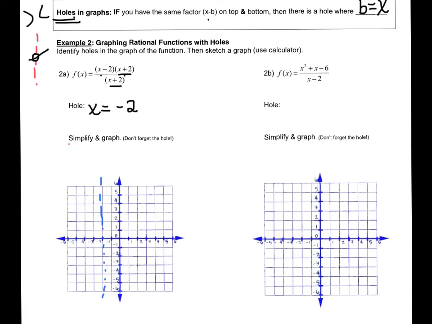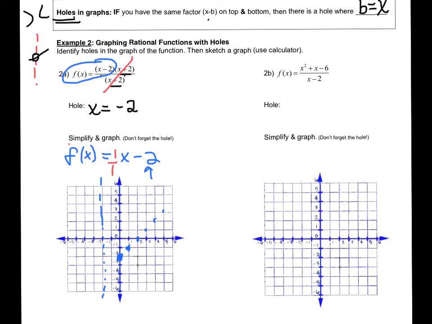Let's go ahead and simplify this by canceling those out, and we're going to graph what's left. So this is the part that's left, and that's what we're going to graph. We're going to graph f of x equals x minus 2. Don't flip that sign, just recopy what you have left. So I'm going to go to the y-axis, I'm going to go down 2. Now I'm going to count the slope. In front of the x there's a 1 over 1, so I'm going to go up 1 and over 1 from that.